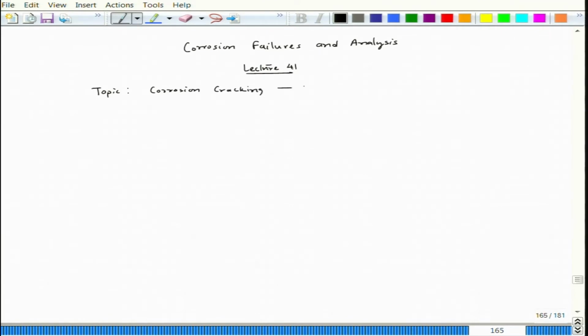Corrosion cracking, and in that we will talk about the mechanism of stress corrosion cracking.